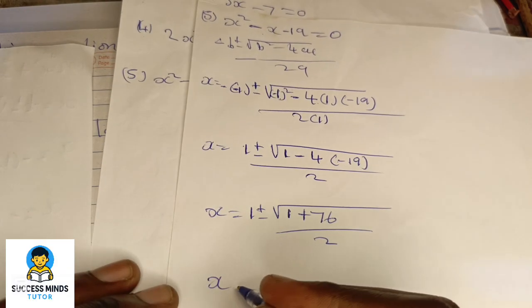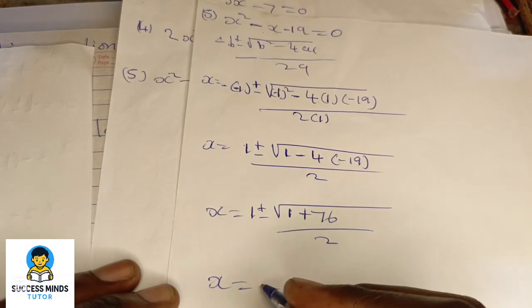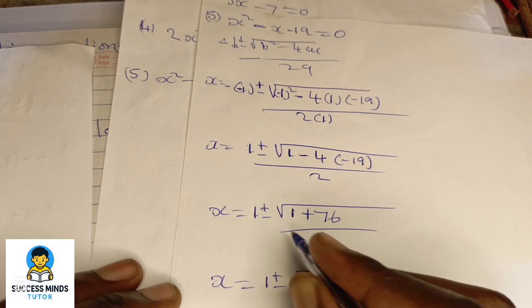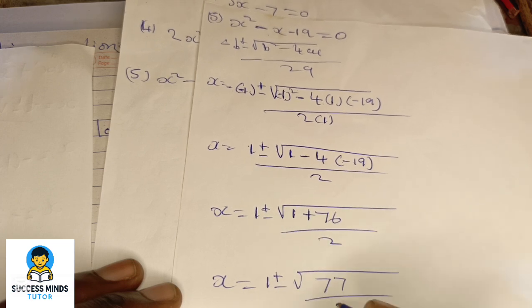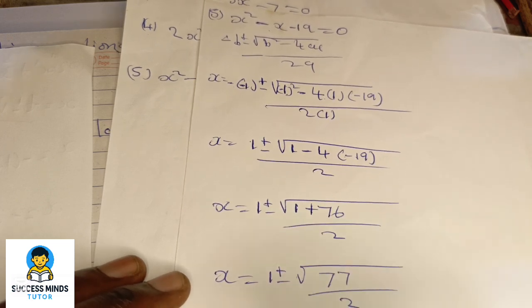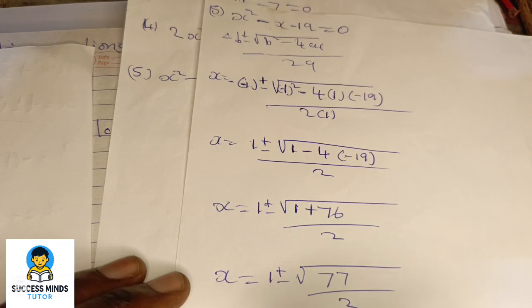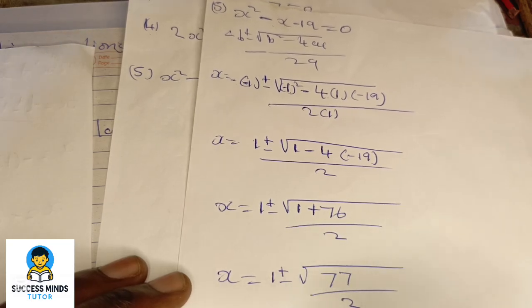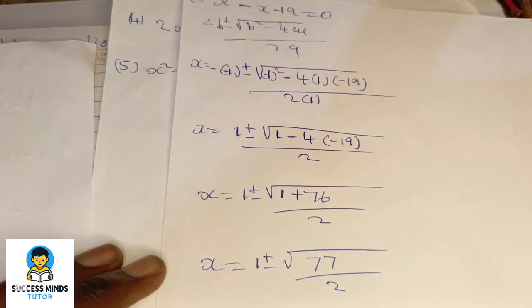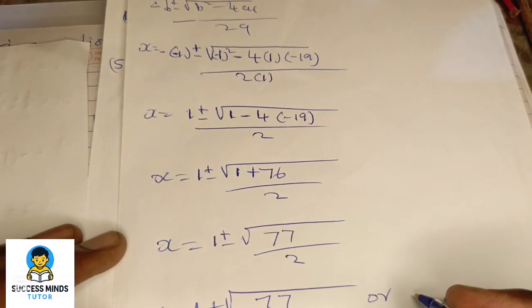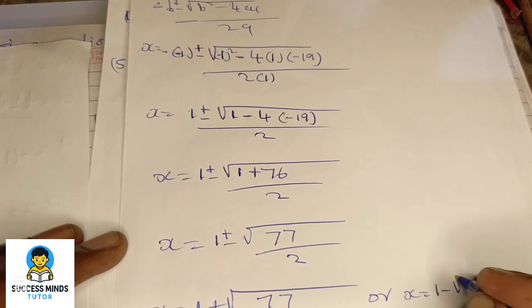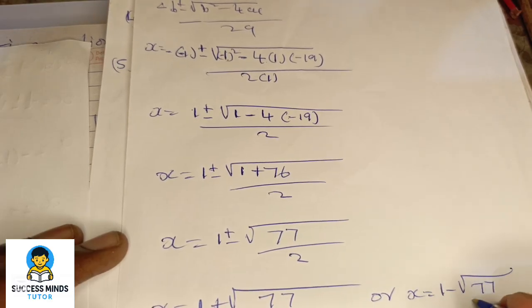So x is equal to 1 plus or minus the square root of 1 plus 76, that will be 77, over 2. Now here you can split it. So x is equal to 1 plus the square root of 77 over 2, and the other one, x is equal to 1 minus the square root of 77 over 2.